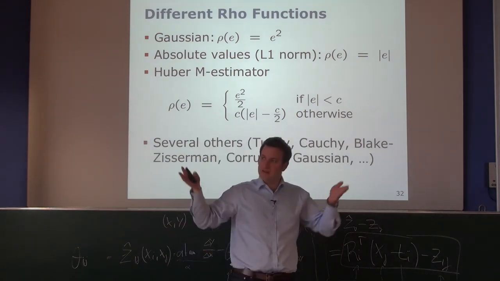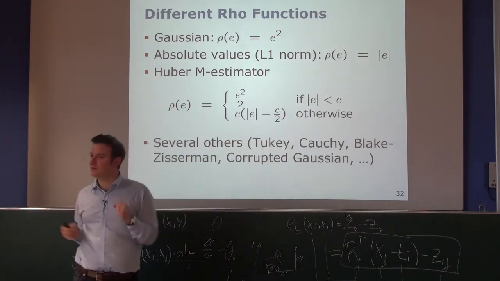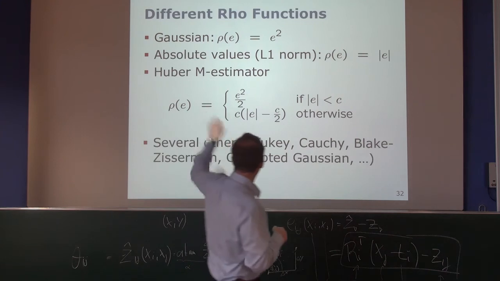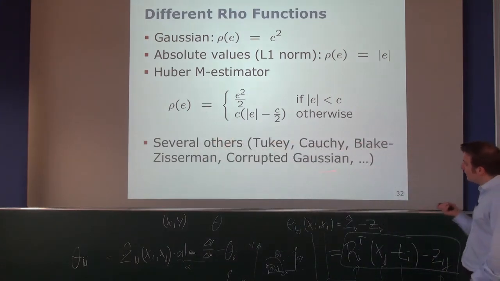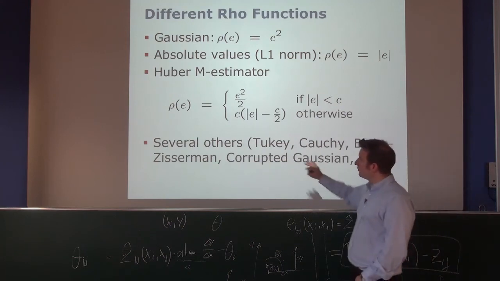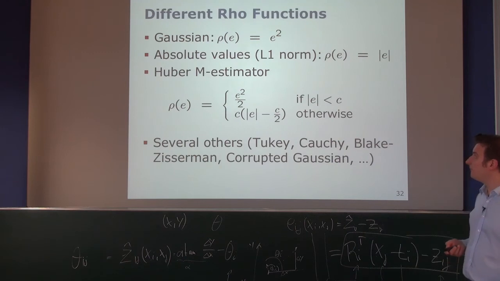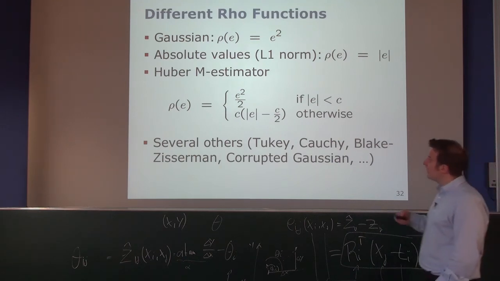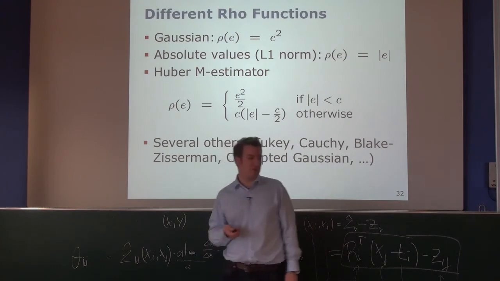You can also say that if you have an outlier which is further away, the error doesn't grow quadratically, it just grows linearly. So it's a very popular function. There are several other ways. If you look at the literature, there are a large number of these so-called kernels which are introduced in order to get a better behavior or meet certain error characteristics that your system reveals.